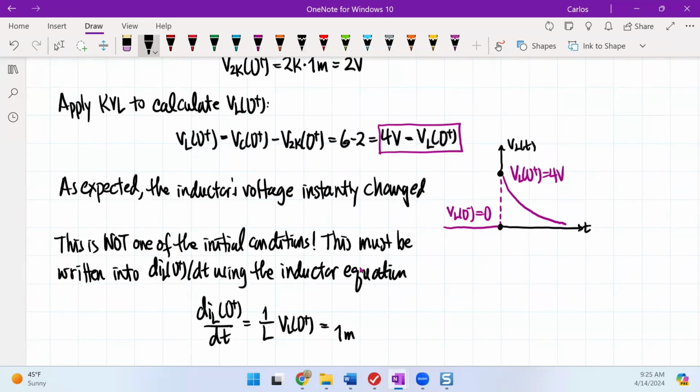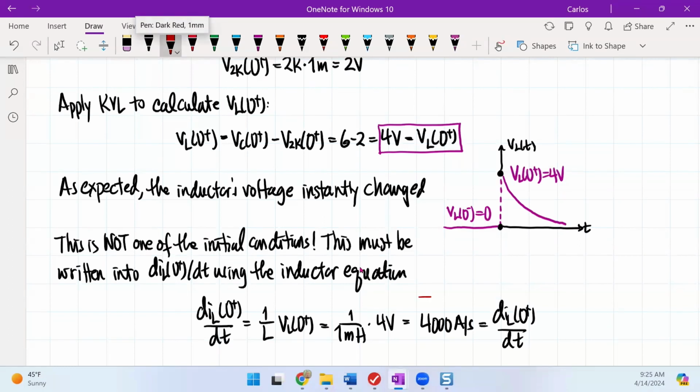So this is 1 millihenry, and this is 4 volts, so that turns out to be 4,000 amps per second is what we're seeing here. That is the initial condition right there.